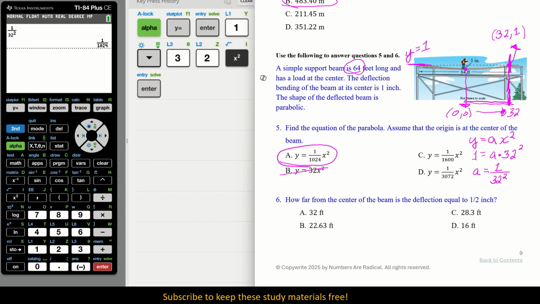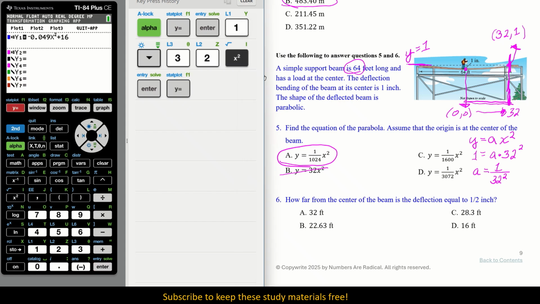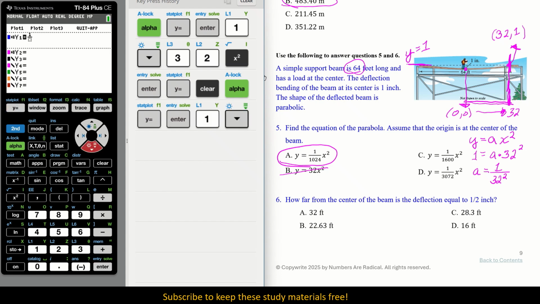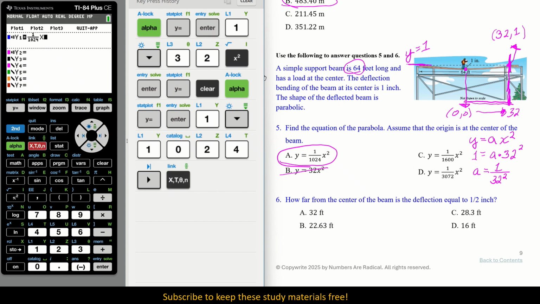Go over to y equals, clear everything out that you have in there and put in the equation that we found from the prior one. So alpha y equals, and enter to set up a fraction, 1 over, you can say 32 squared or just what we have here, 1024, arrow over and say x squared.